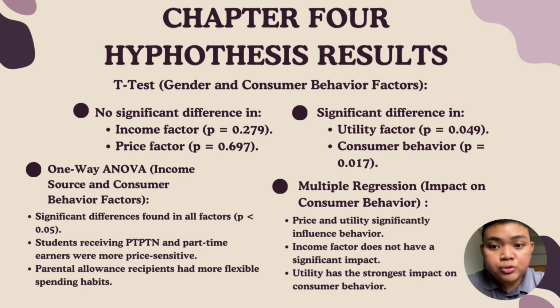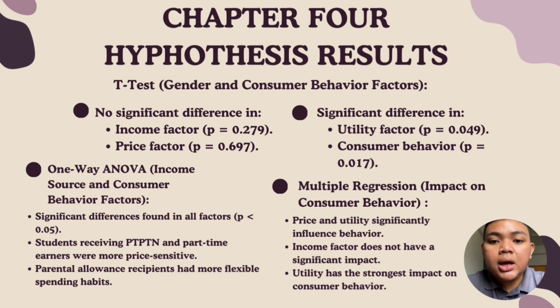Price factor also positively and significantly influences consumer behavior, beta equal to 0.325, P less than 0.001. Income factor did not show a significant impact on consumer behavior, P equal to 0.130. The findings highlight that students prioritize perceived utility and affordability over income when making purchasing decisions.